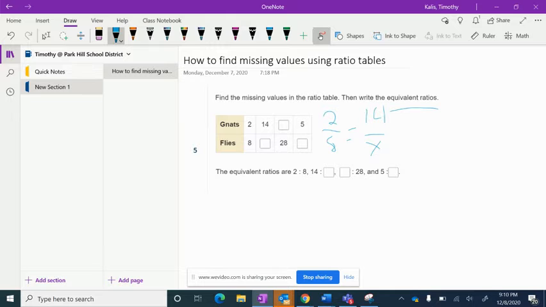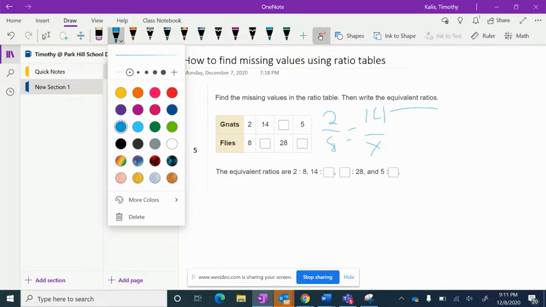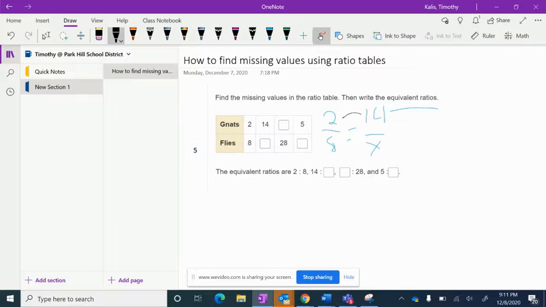Now we notice that to get from 2 to 14, we're just multiplying by 7. So whatever we do to the top, we do to the bottom, and we take 8 times 7, and we get 56. So that means that 2/8 equals 14/56. And so that first blank, you would put 56 flies.